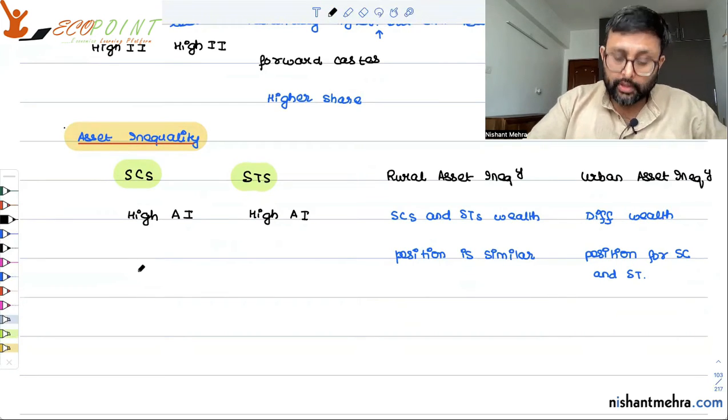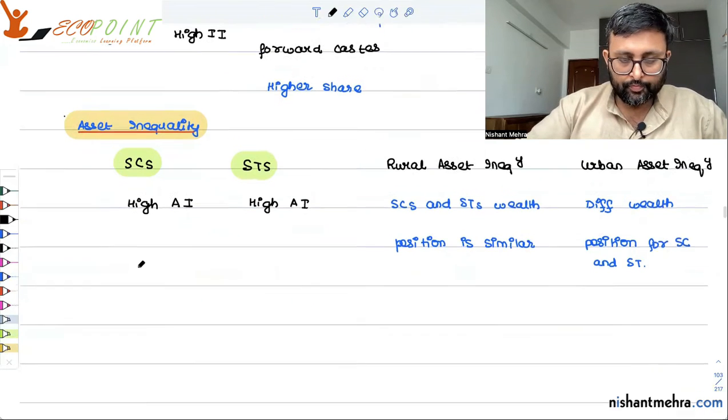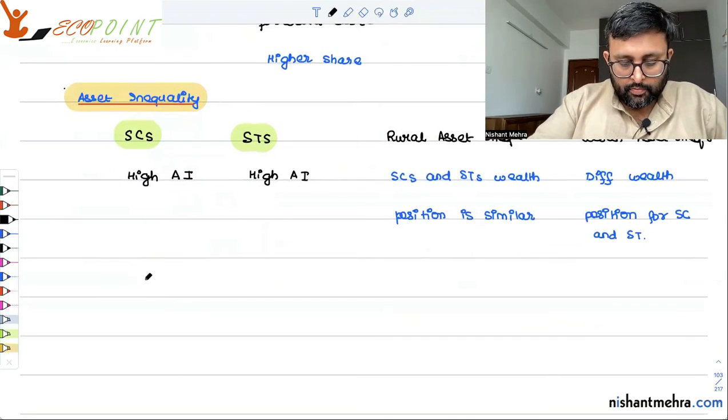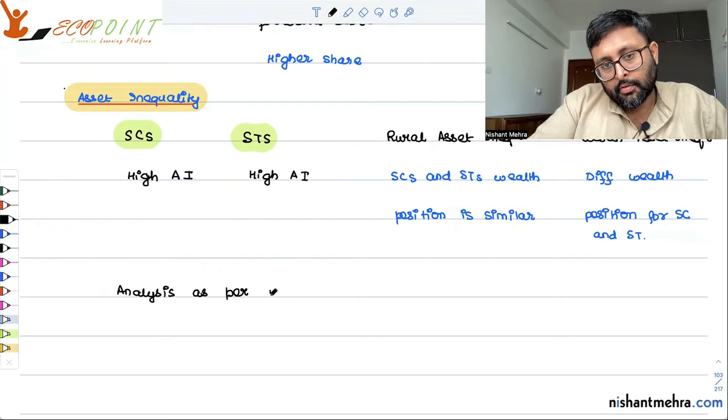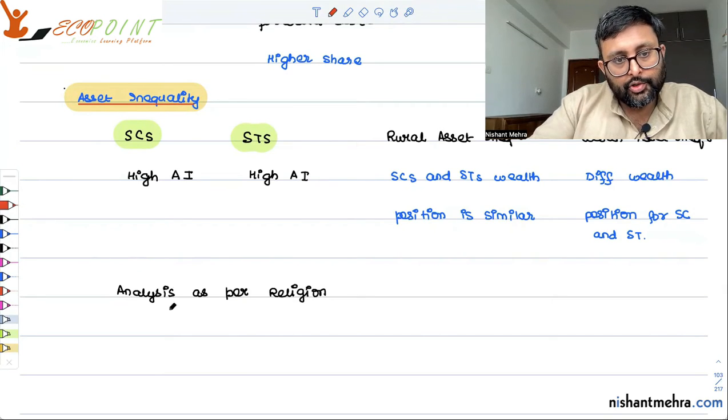Differences according to the religious group. Analysis as per religion.